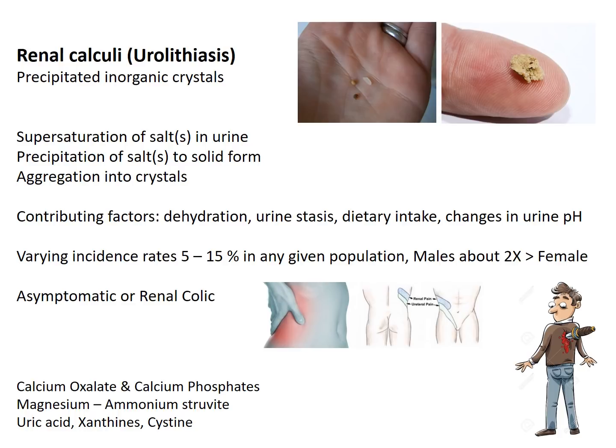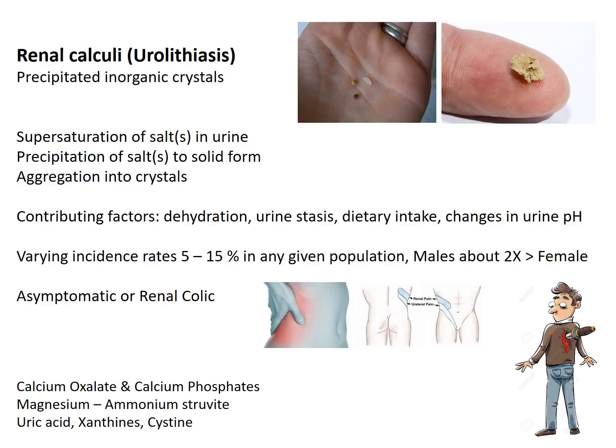So we are always putting inorganic salts and crystals into our urine. When the urine gets super saturated with these salts and crystals, though, they can precipitate, and then they can aggregate into bigger and larger precipitated crystals or stones.